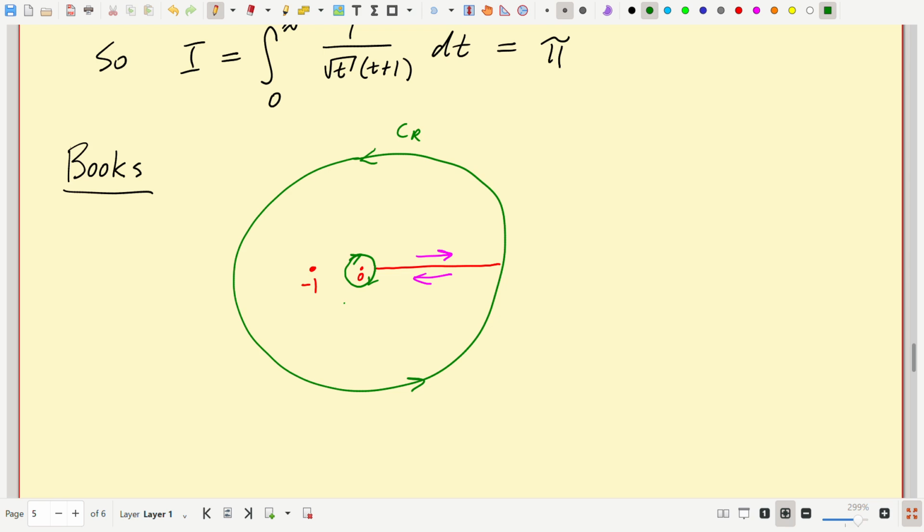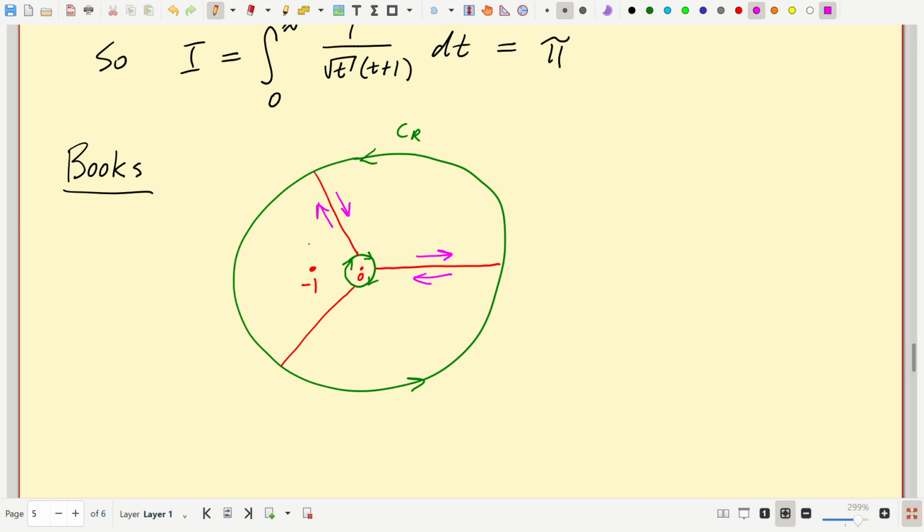And a typical thing to do next would be to take a cut here and a cut here. We're going clockwise in those. I wanted counterclockwise contours, so I'll go this way and this way.